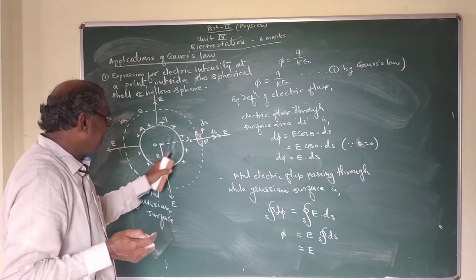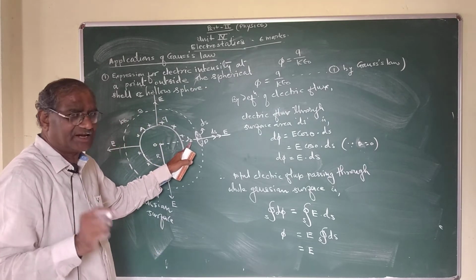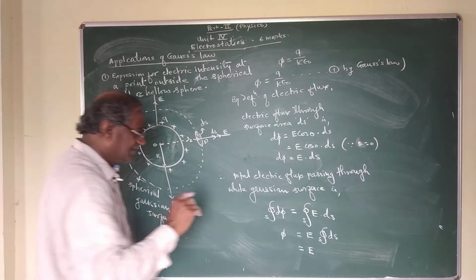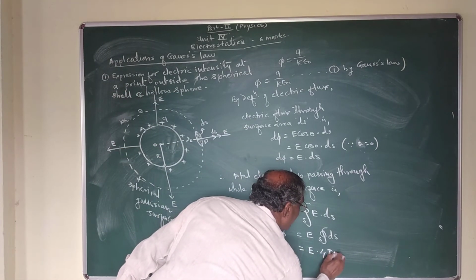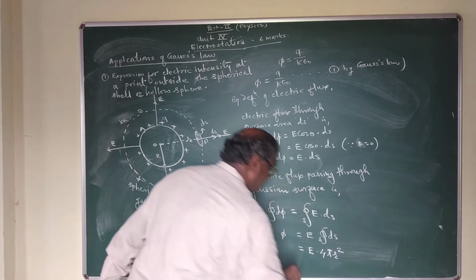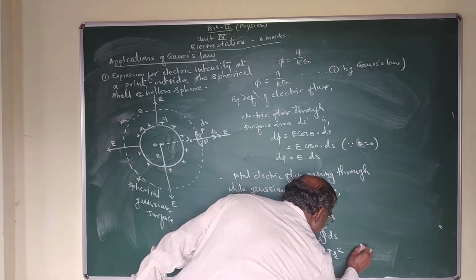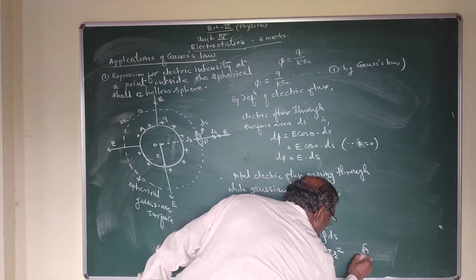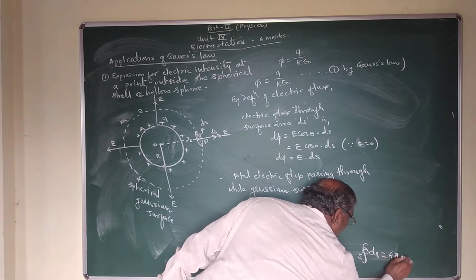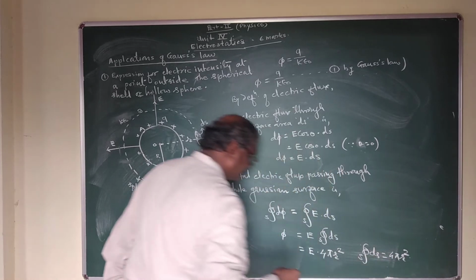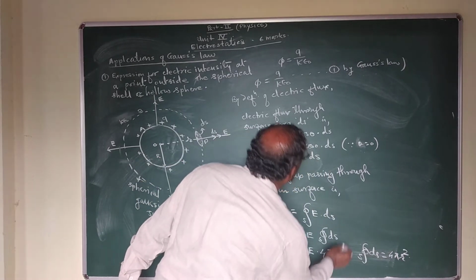The spherical Gaussian surface has radius r, therefore its surface area is found to be equal to 4 pi r square. This is equation number 2.